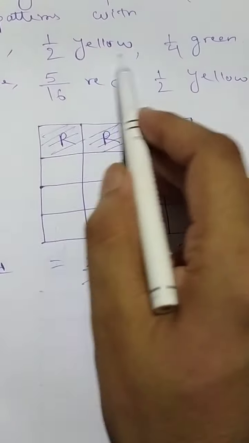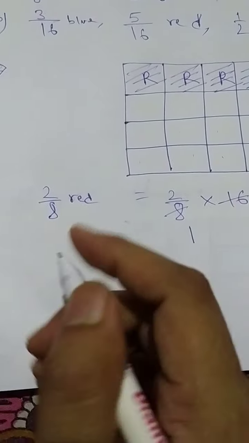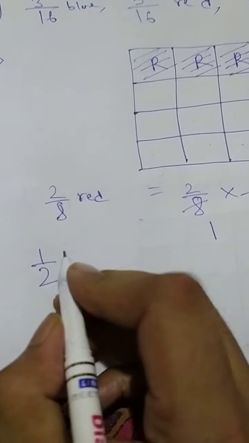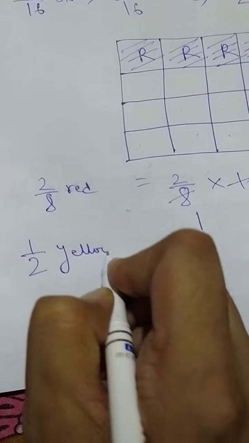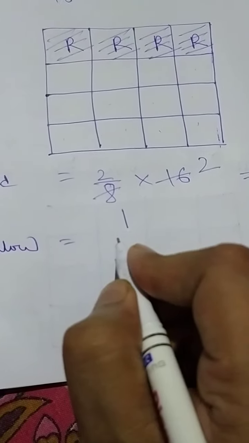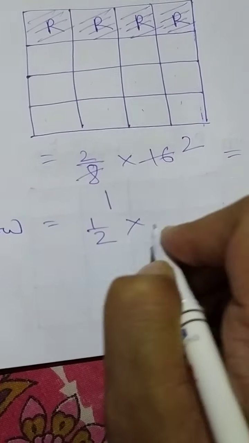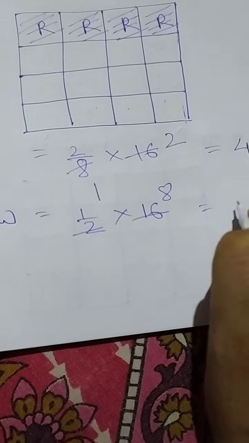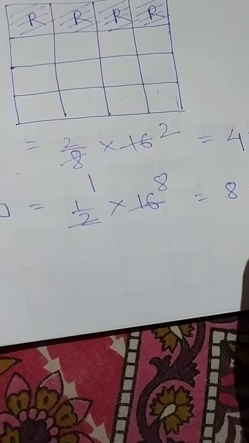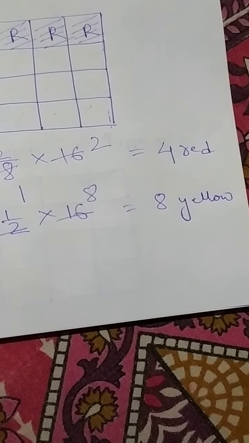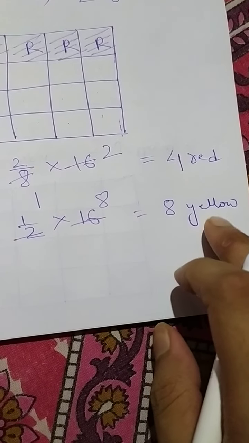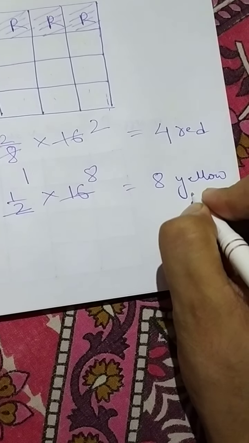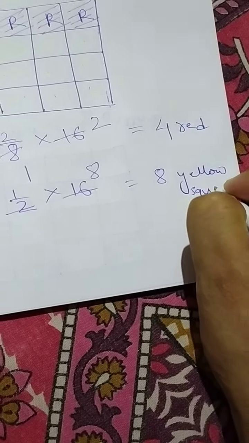Next one, you see half yellow. So let's find out what is the meaning of half yellow. Half yellow means again half into 16, because total there are 16 squares. 8. So 8 yellow, actually you can write down squares.